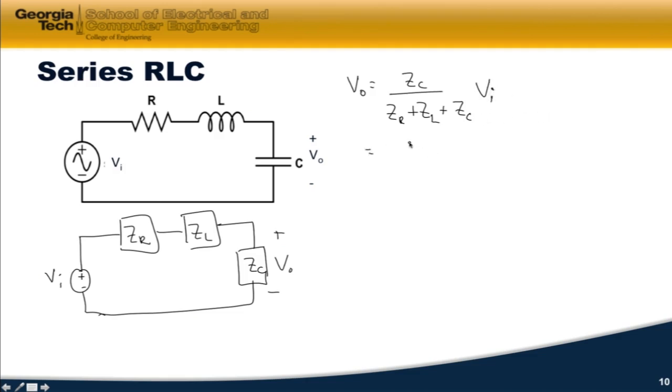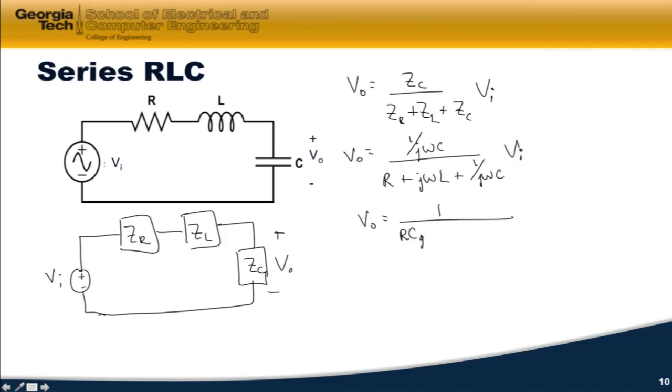If I substitute in, for Z sub C, I substitute in 1 over J omega C, R for Z sub R, and J omega L for Z sub L, and then I've got my other Z sub C. If I clear my fractions here, I'm going to get a 1 in the numerator, and RC J omega plus J omega squared LC plus 1 in the denominator, times VI.